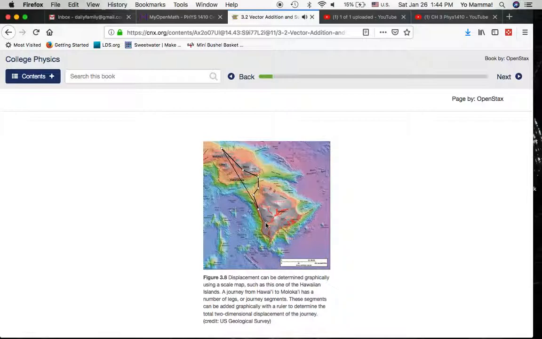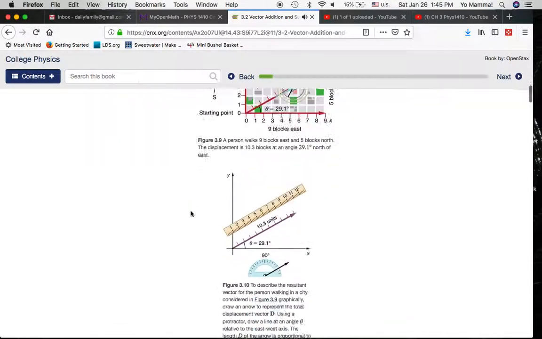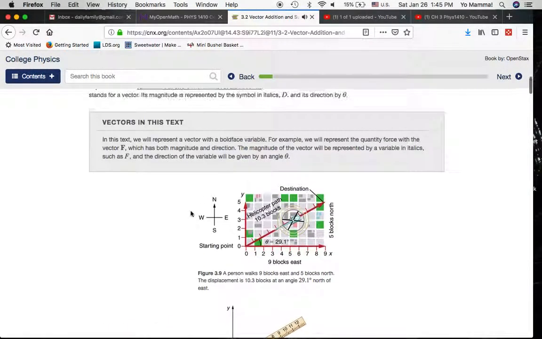And if we wanted to calculate their overall displacement, we could do that. We could put all these vectors on here and go from the beginning of the first vector to the end of the last vector. And this is what we call vector addition, graphical vector addition, or another way that they call it is the head-to-tail method.